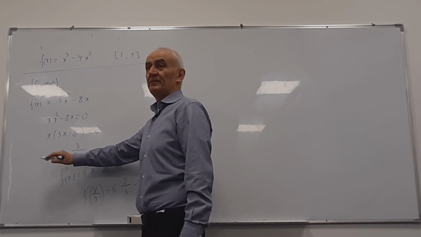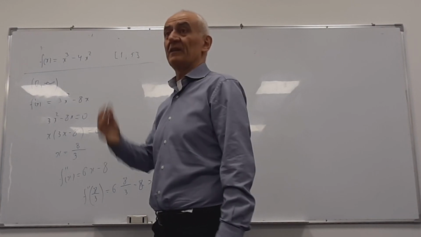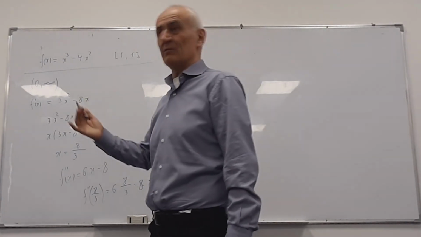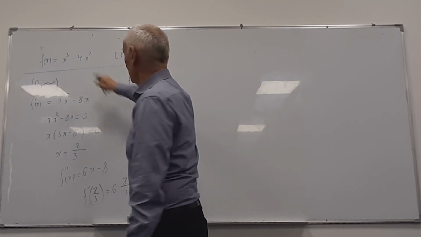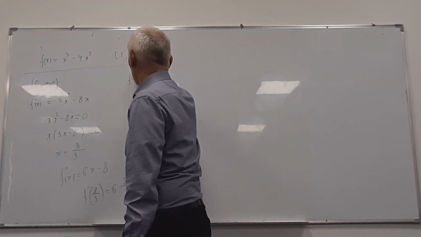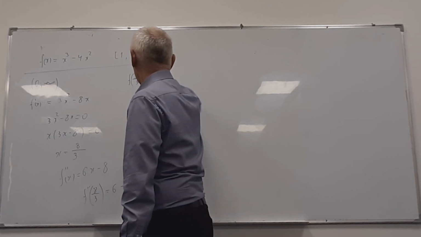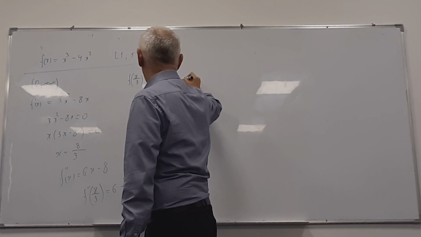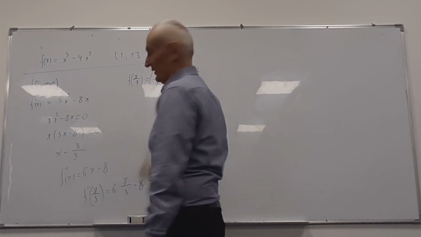If we are required to find this minimum value, we need just to put into the original function 8 over 3 cubed minus 4 times 8 over 3 squared.